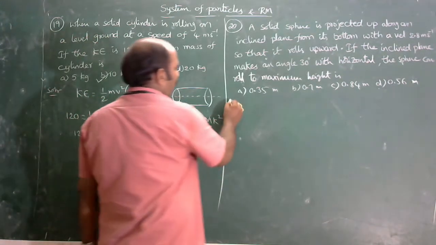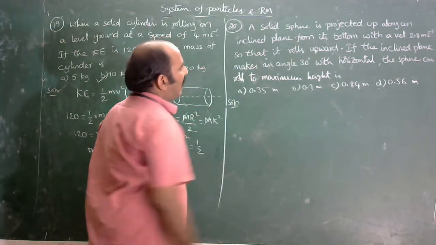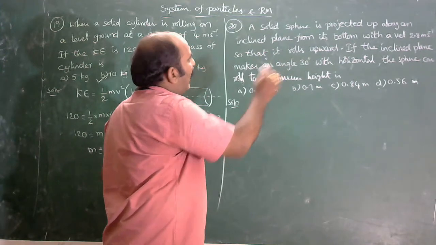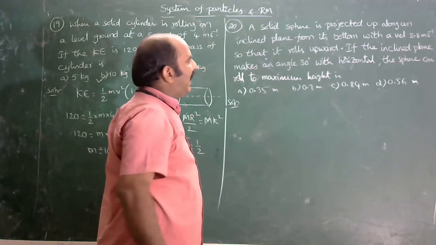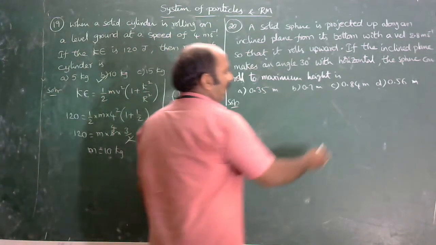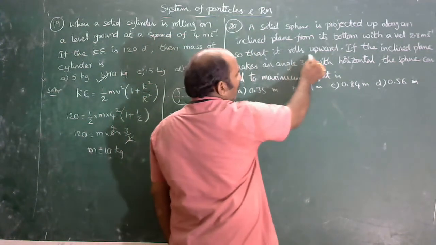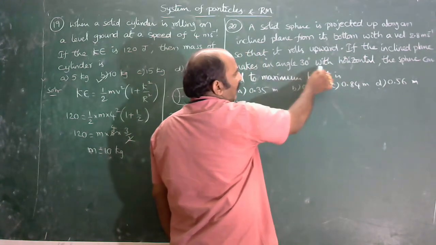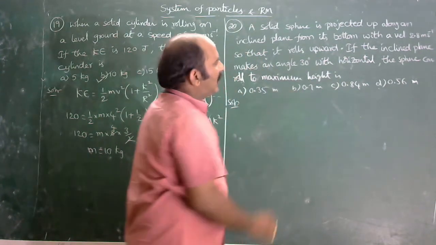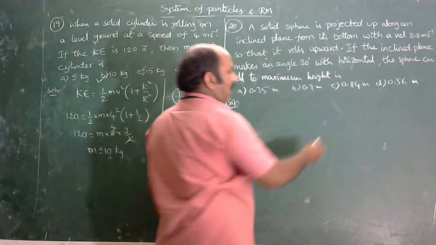Now see the last one here. A solid sphere is projected up along an inclined plane from its bottom with a velocity 2.8 meter per second, so that it rolls upwards. If the inclined plane makes an angle 30 with the horizontal, the sphere can roll to a maximum height.